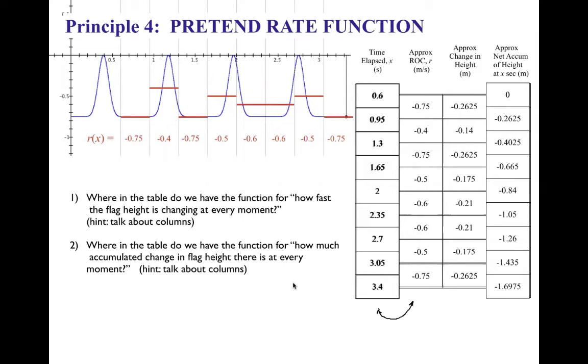The question is, you know how fast the quantity changes every moment? That's this function. You want to know how much has accumulated at every moment. Okay, so where's that in the table? Well, that would be, again, time and this column.